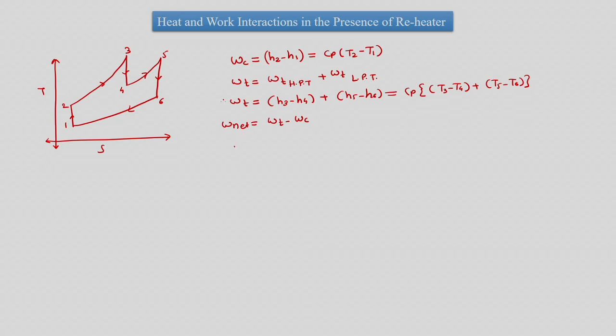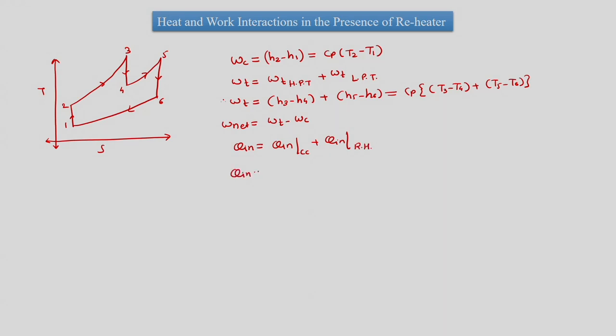Further we can say heat addition. Now heat additions are also two, and one heat addition is in the combustion chamber. So Q in Cc plus Q in reheater.